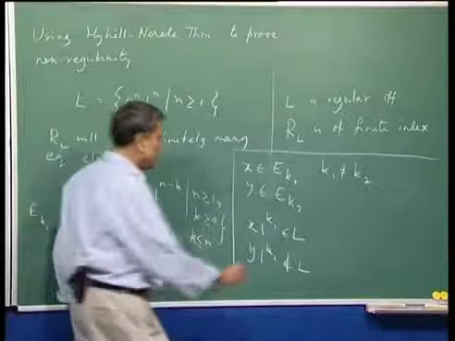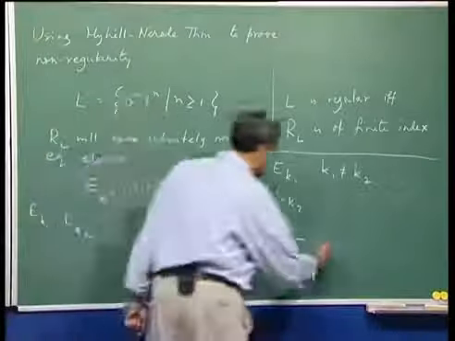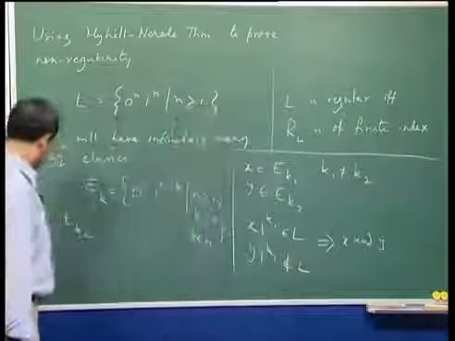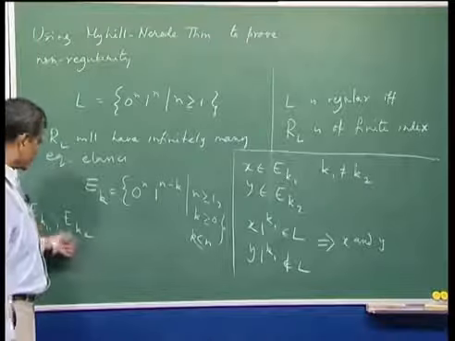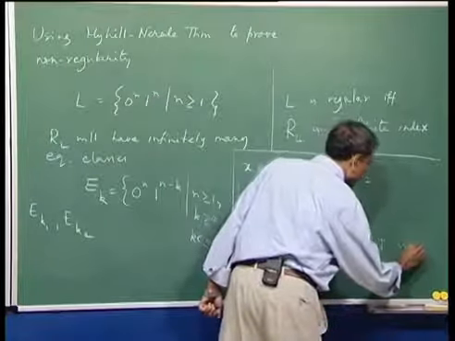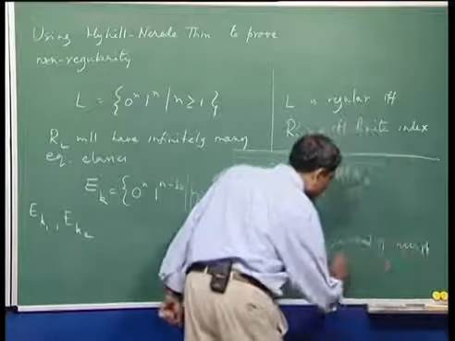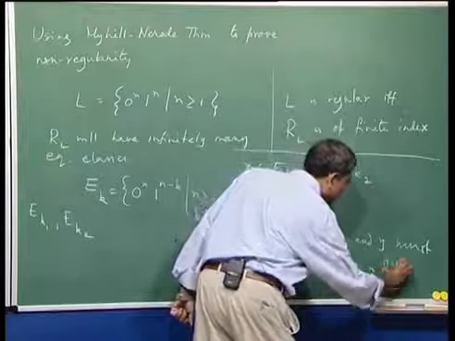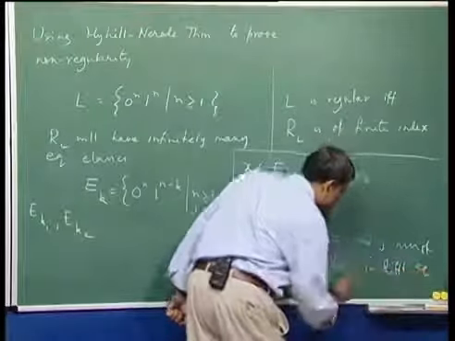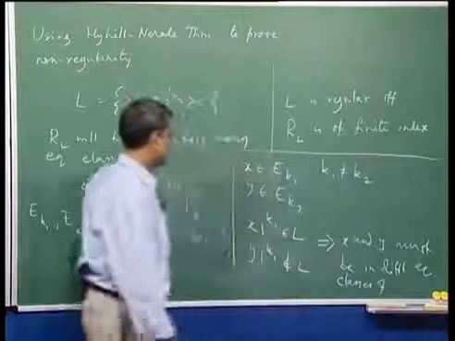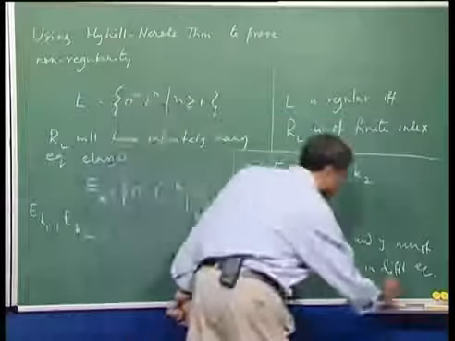So, therefore, from here we find that x and y, so any string from Ek1 and any string from Ek2, must be in different equivalence classes of RL.